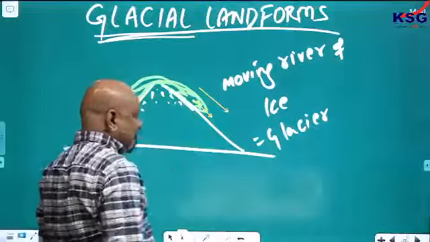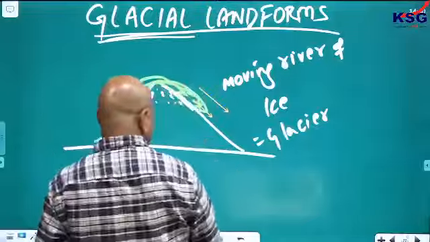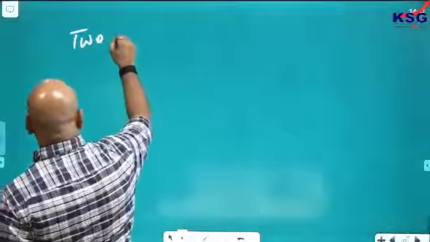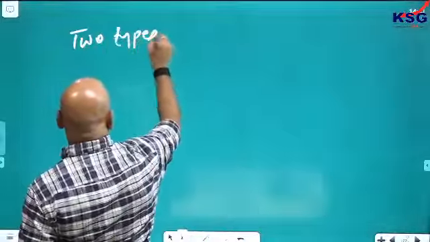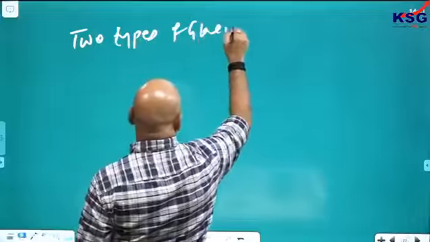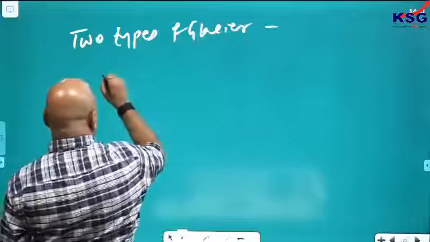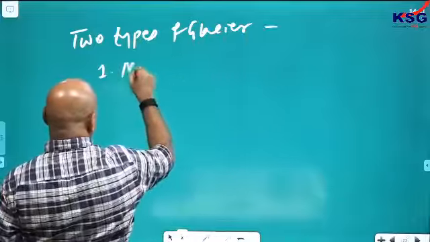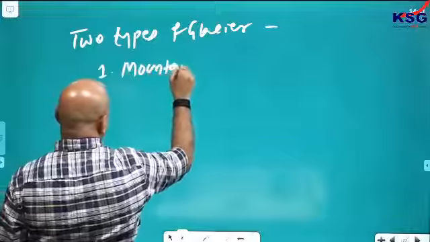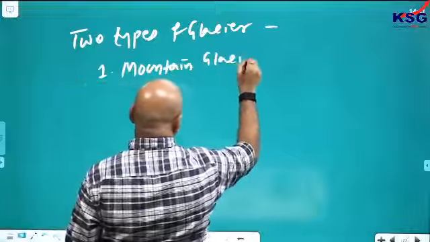These glaciers are of two types. The first is the mountain glacier.